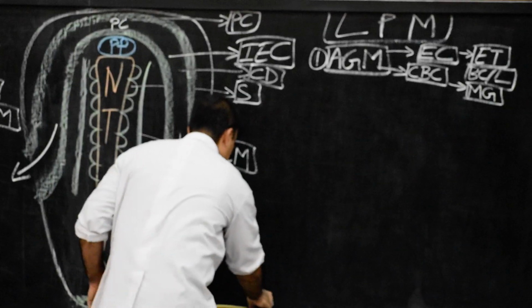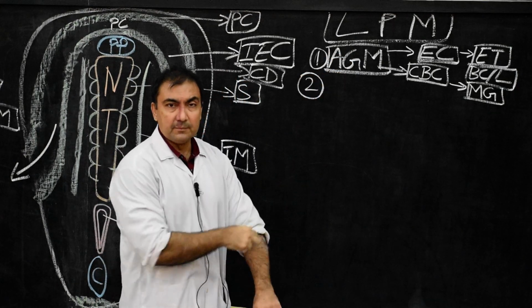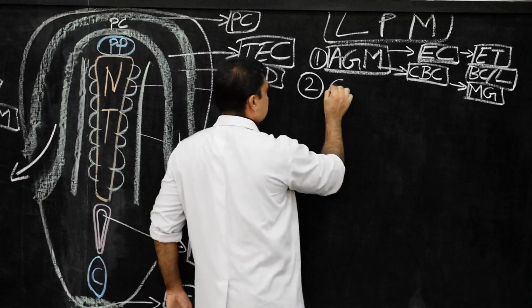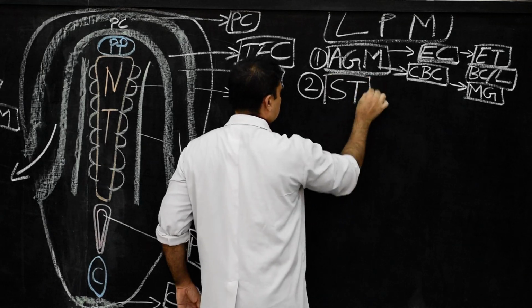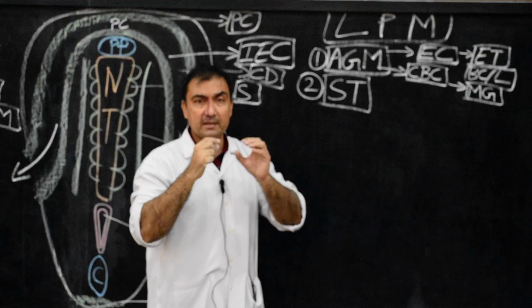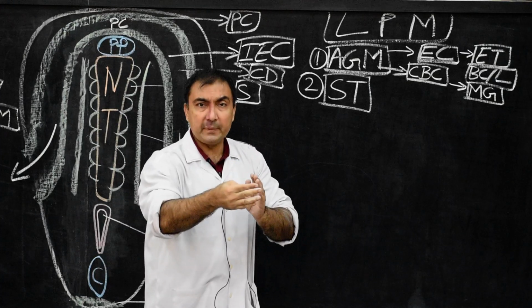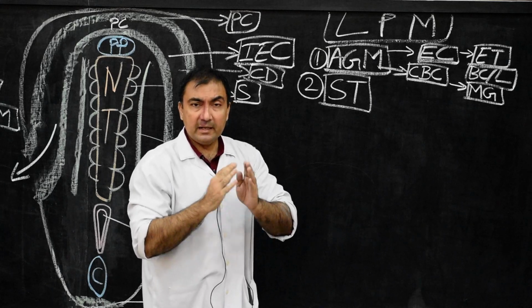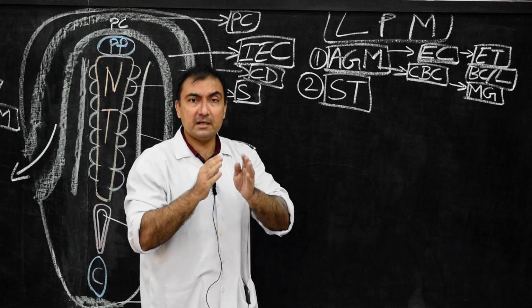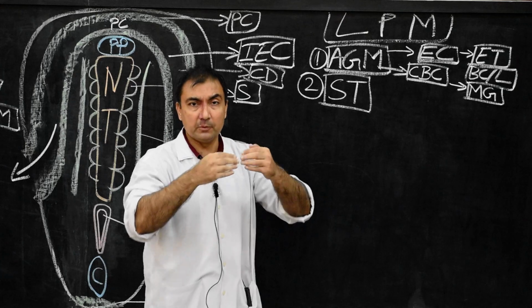Then structure number 2. Now here we go with structure number 2 from lateral plate mesoderm. An interesting structure, septum transversum. Now this septum transversum, how do you define? Septum transversum is the cephalic-most portion present in front of the pericardial cavity, and it is a triangular mass of intraembryonic mesoderm itself, in which there is no extension of the coelomic cavity.